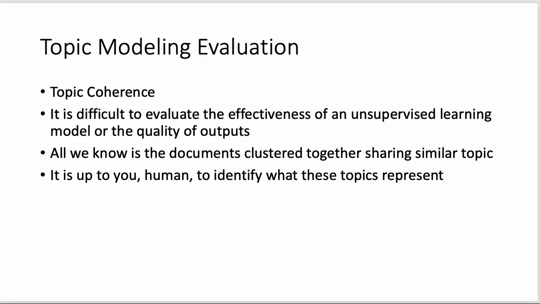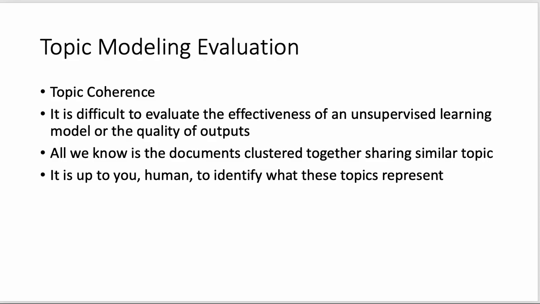It can be used to measure the quality of a topic model to some extent. Typically a set of statements is said to be coherent if they support each other. Topic models are unsupervised learning, right? We mentioned that. They're trained on unstructured text data. This makes it difficult to measure the effectiveness of the unsupervised learning model or the quality of its outputs.